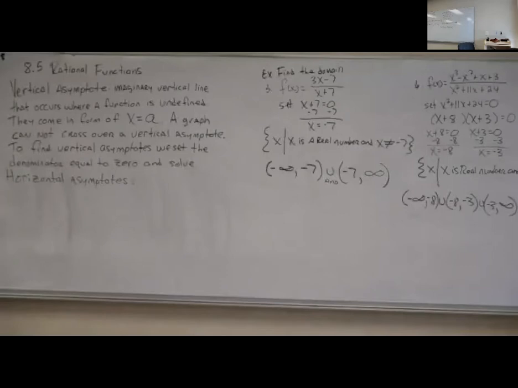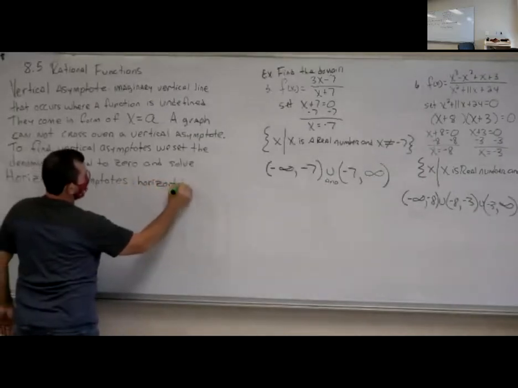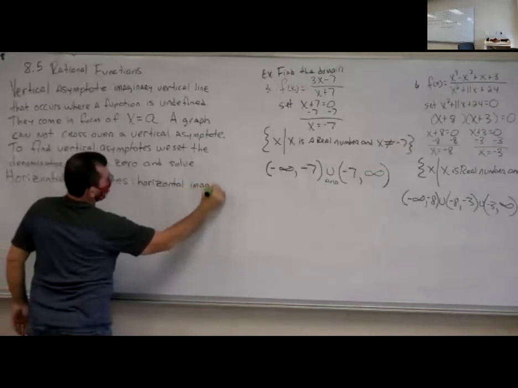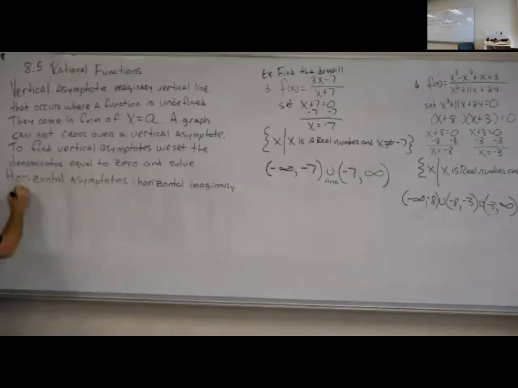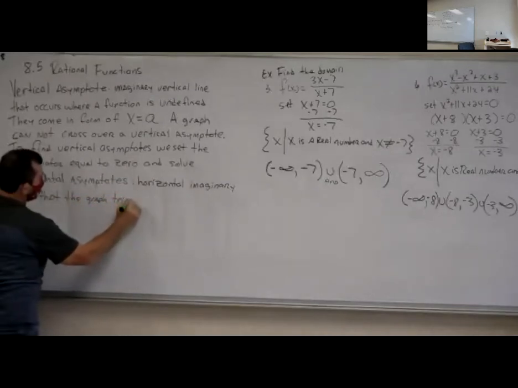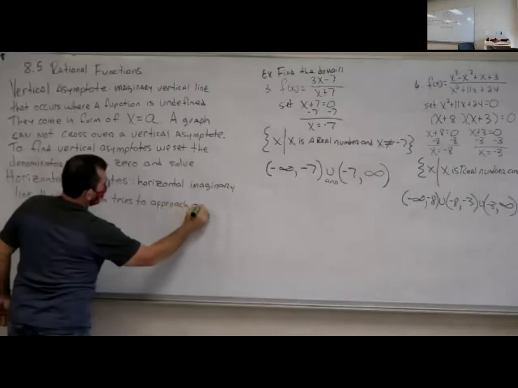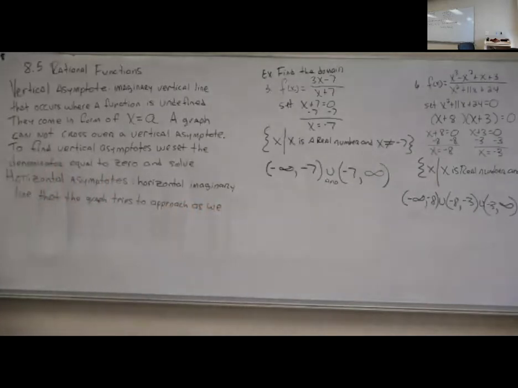So these are technically like horizontal imaginary lines that the graph tries to approach as we head towards negative infinity or infinity.